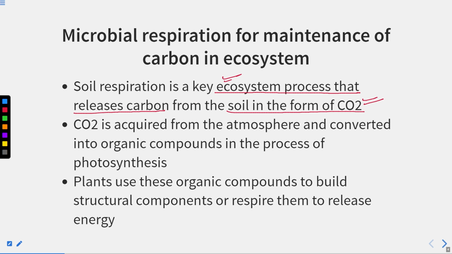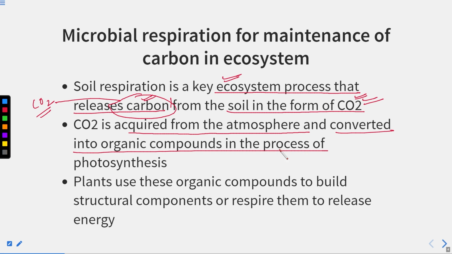So that is the key ecosystem process that releases carbon from the soil in the form of carbon dioxide. So this release of carbon is in the form of CO2. Now, this CO2 is acquired from the atmosphere and converted into organic compounds in the process of photosynthesis.